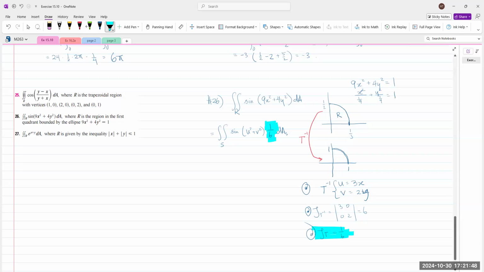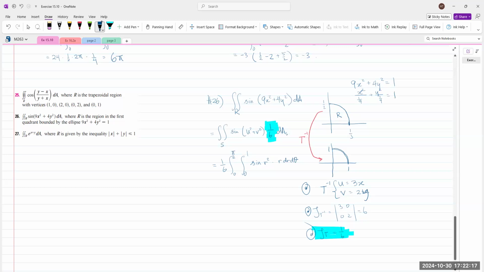Okay. Now if I go to polar further, I will get 1/6 integral from 0 to pi over 2 integral from 0 to 1 of sine r squared r dr d theta.